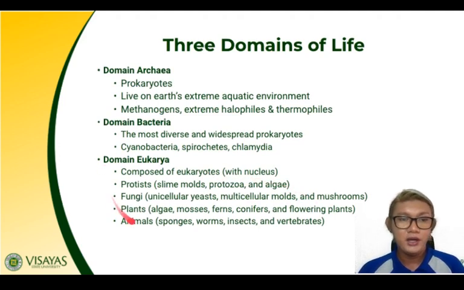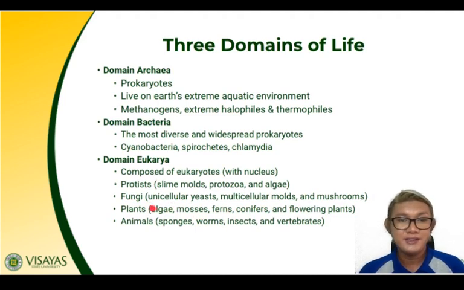The domain Eukarya, on the other hand, as I said, is composed of eukaryotic organisms. Examples are the protists, the animal-like and the plant-like organisms, but they're not really animals and they're not really plants. Now they belong to the kingdom Protista. Also the kingdom Fungi, which includes the yeasts, the molds, and mushrooms.